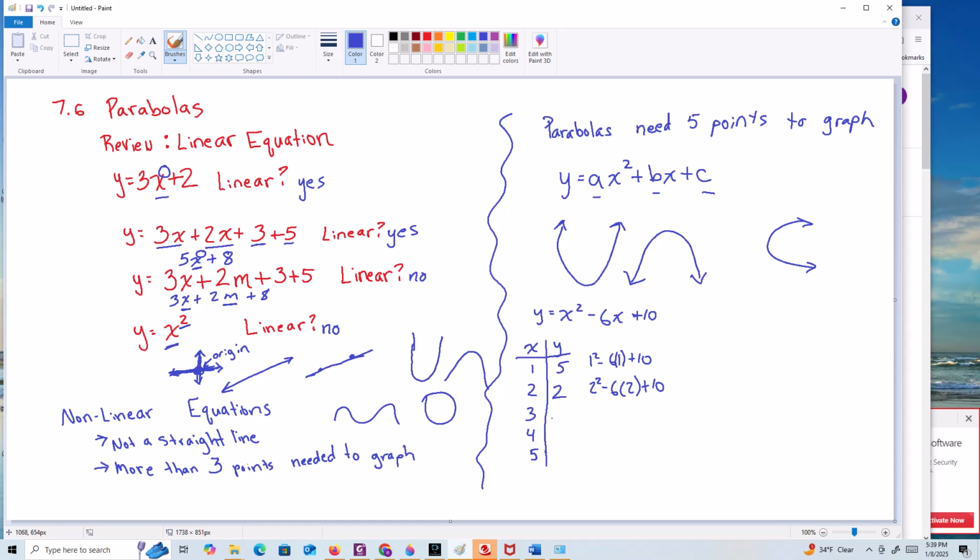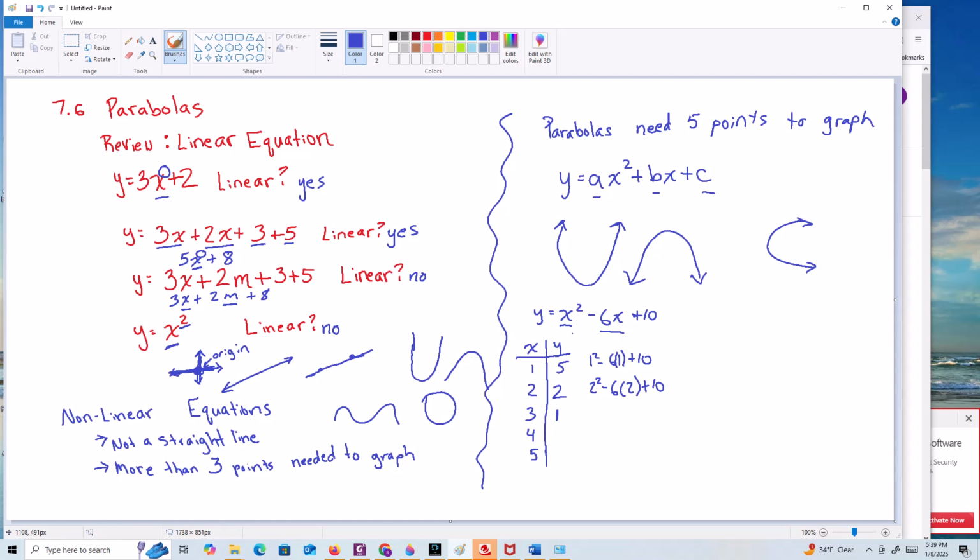Then I put a 3 in, and I'm not going to write any more out. So hopefully you can see that 3 squared minus 6 times 3 plus 10 would be 9 minus 18 plus 10, which would get me a 1.